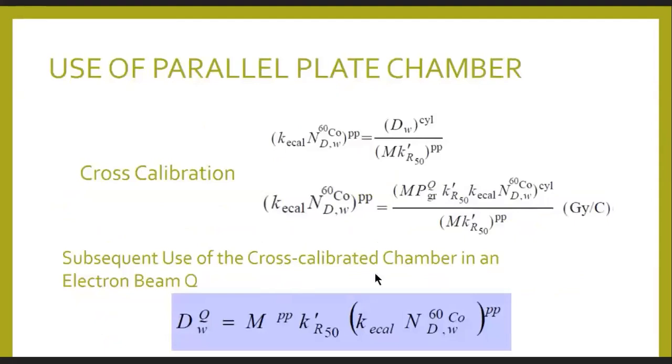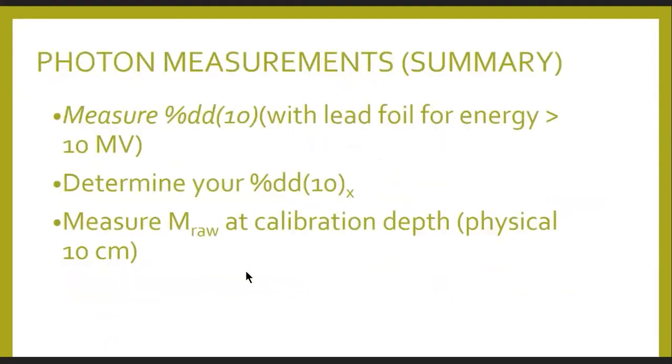This is cross calibration. So as a summary, for photon beams, we measure PDD with a lead foil, PDD 10, and we insert the lead foil in case we have photon energies more than 10 MV, and we can determine our beam quality specifier PDD 10 for getting KQ.